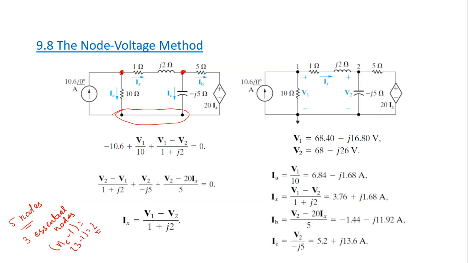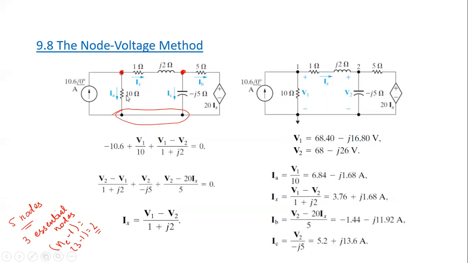So I will have only 2 equations to solve. And again, after we identify the number of the essential nodes, you need to choose one node to be the reference. And if you still remember, I advised you to choose that node to which the largest number of elements are connected.